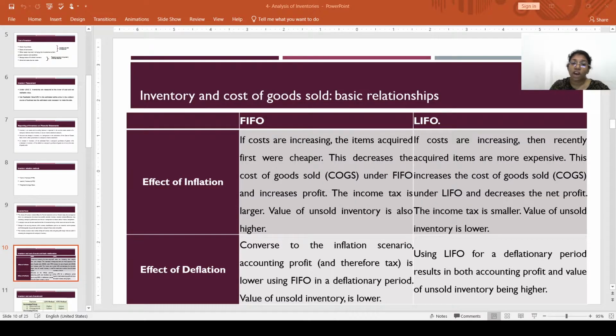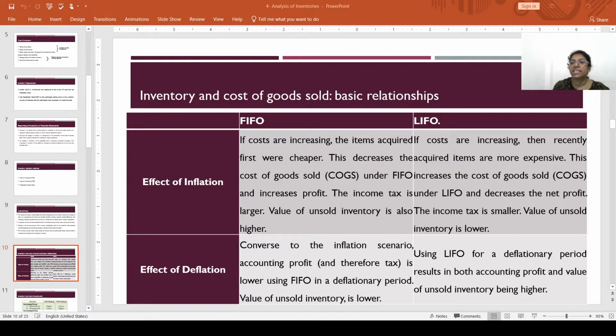If the value of unsold inventory will be lower, what will happen to the cost of goods sold? It's opposed to the inflation scenario. Likewise, the same impact can be seen under the FIFO method. During the deflationary period, both accounting profit and value of unsold inventory will be higher.